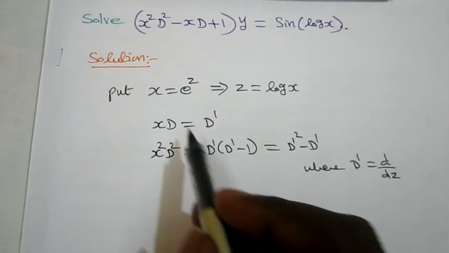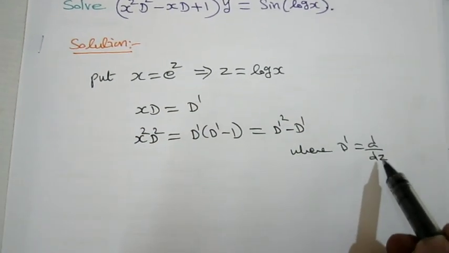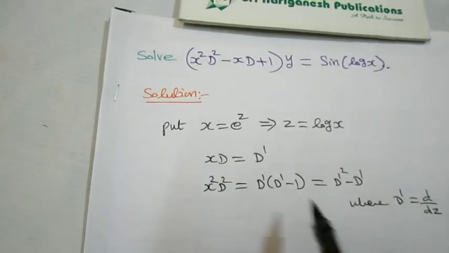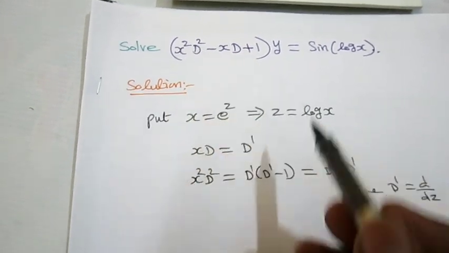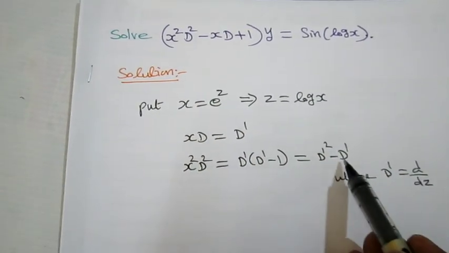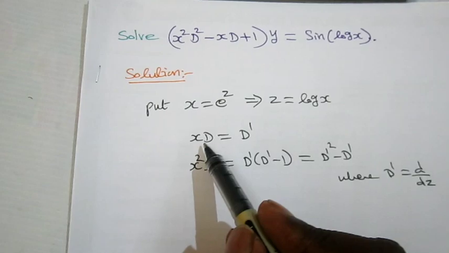You see, when you replace this, x is converted into z. Now substituting these two values in the given equation, what is x²D²? D'² − D'. And xD is D'.